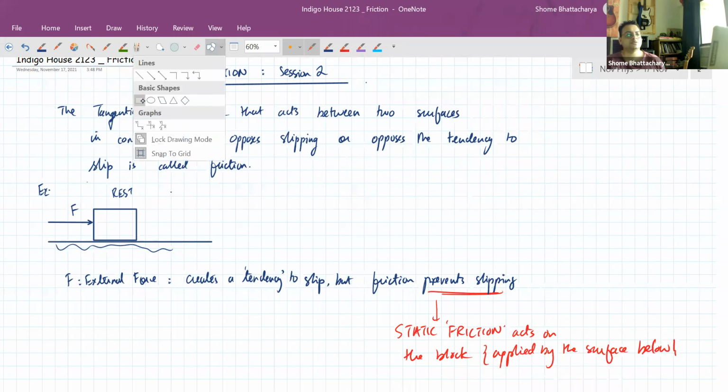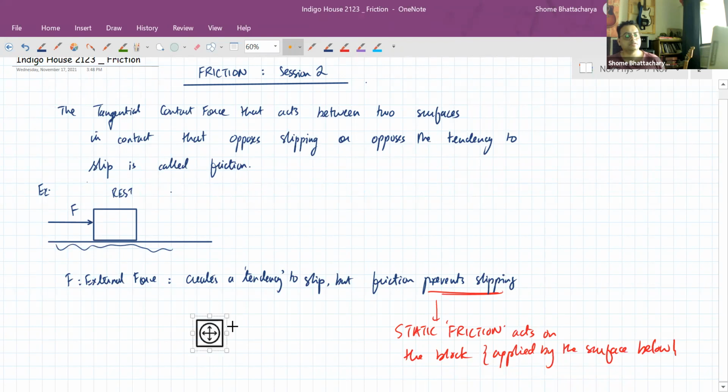When we visualize the free body diagram, the external force that we have applied is giving it a tendency to slip towards the right. If there had been no friction, this block would have slipped along the positive x-axis, the right direction. That tendency to slip is prevented by static friction acting on the body.